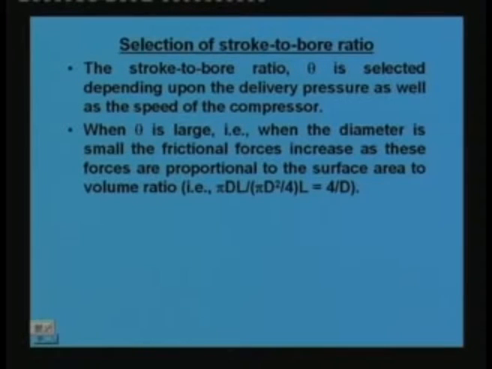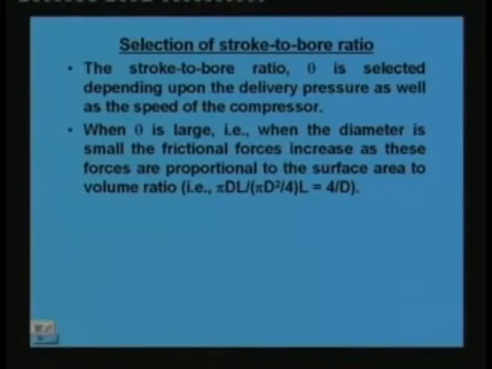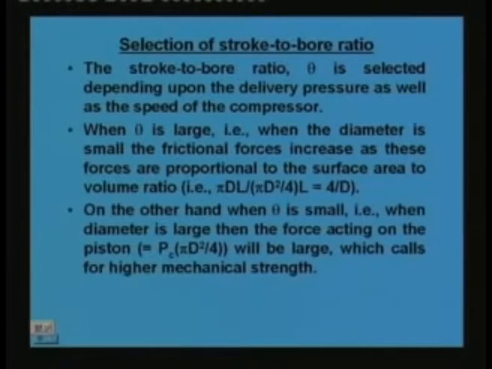That means when you select large theta, that means small d, then there will be large frictional forces, and frictional forces really become very important when the speed is very high. Okay, so when the speed is high, we would like to minimize the frictional forces. That means for high speed compressors, we would like to have as large a diameter as possible. That means we have to select a smaller value of theta. Okay, then let us look at the other side. That means what happens when theta is small.